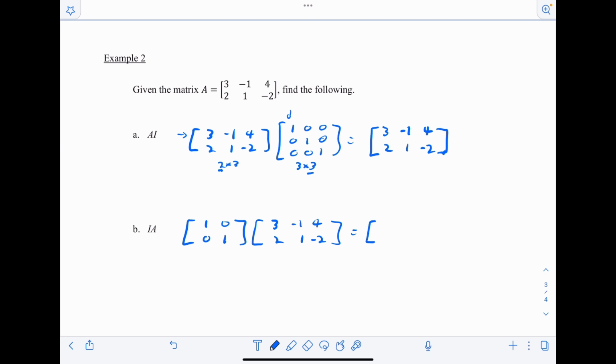And so I've got, again, 1, 0 times 3, 2 is 3. 1, 0 times negative 1, 1 is negative 1. And then 4. And in the bottom, we get 0.